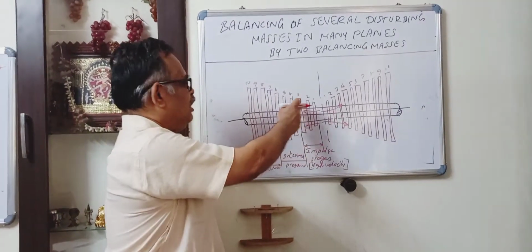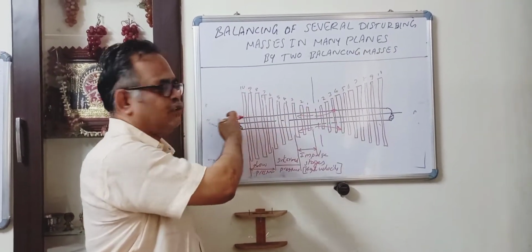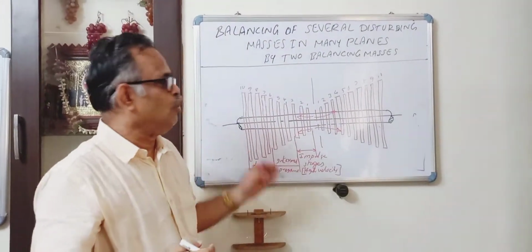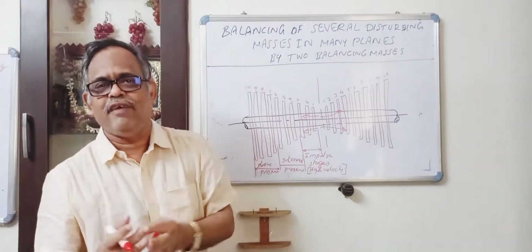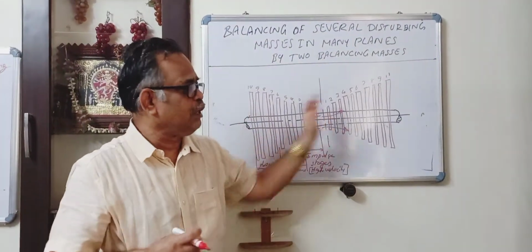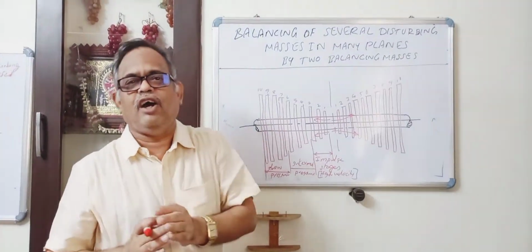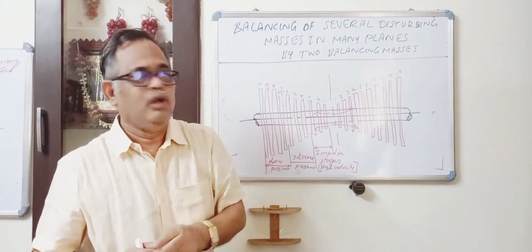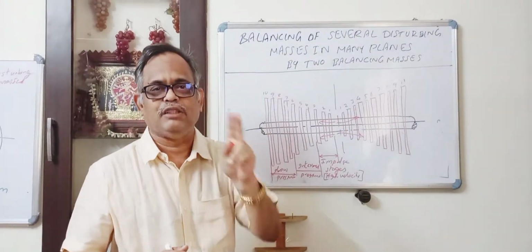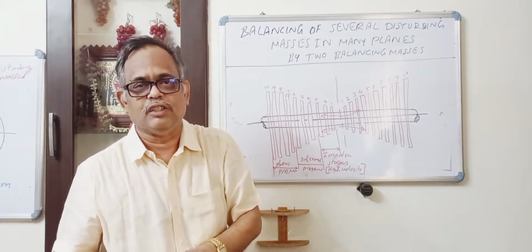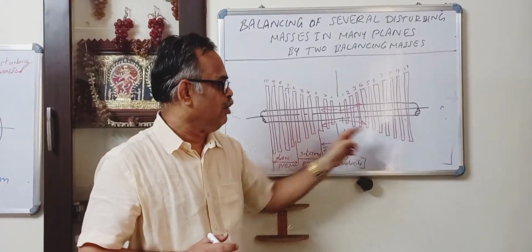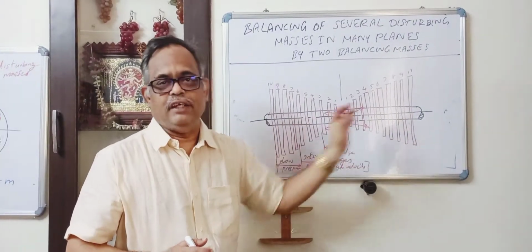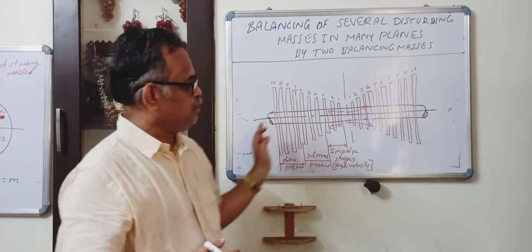Hundreds and thousands of blades will be there on both sides of the rotor, so there can be a disturbing mass anywhere. All these disturbing masses can be balanced in total by two balancing masses conveniently located at any particular stage of the blades, right? So like this, it is possible.